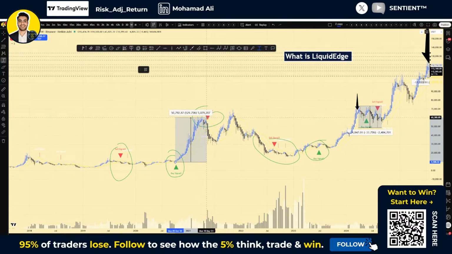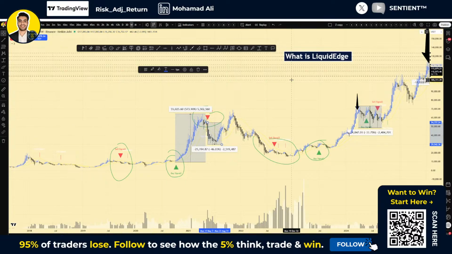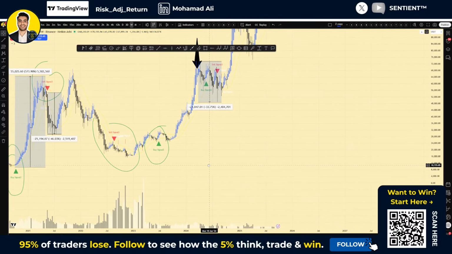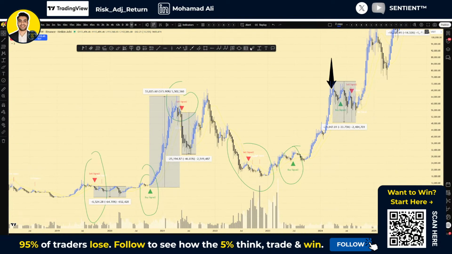From this signal up to here, we had a 53 percent correction, and this one we had 46 percent upside correction, and the other one was upside potential. And when we look at the left side, from this signal to the bottom itself, we had 64 percent. Imagine how powerful it is in predicting potential tops and potential bottoms.